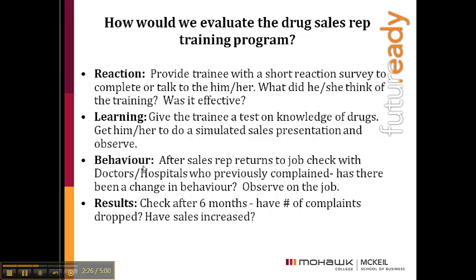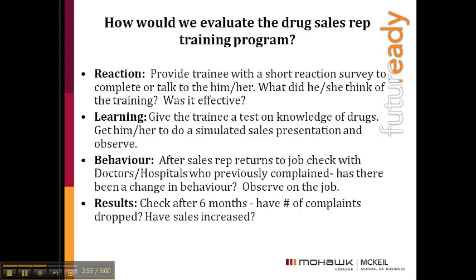We might want to measure behavior, or how the training program helped some of the people who were on that drug training program. So we might check with customers to see whether or not their behavior has changed. We might go to the customers and say, please complete a short survey or let us know how this particular sales rep is doing. We put them on some training to try and overcome some issues that we know some customers had.